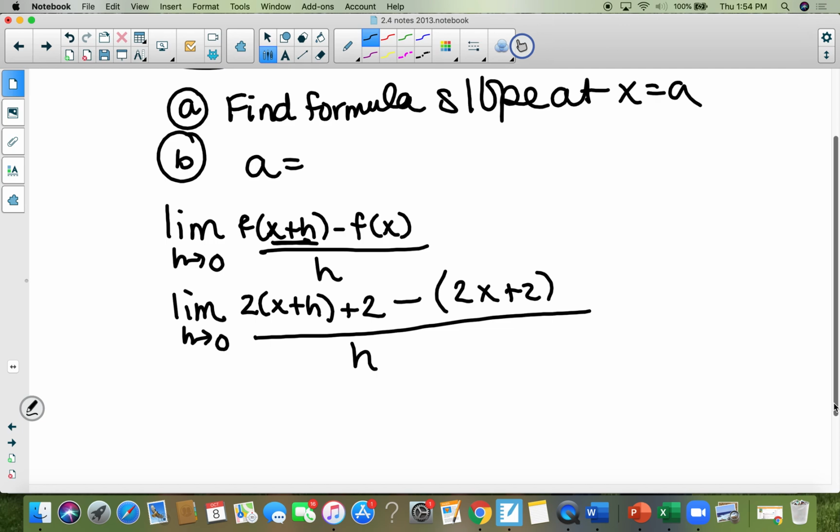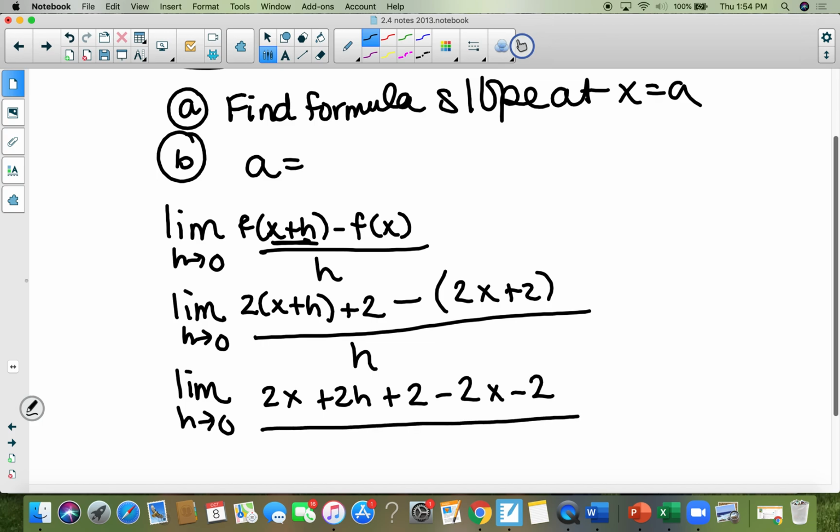Then the limit as h approaches 0, and now we're just going to simplify this. You're going to get 2x plus 2h plus 2 minus 2x minus 2 all over h. Everybody follow that one?